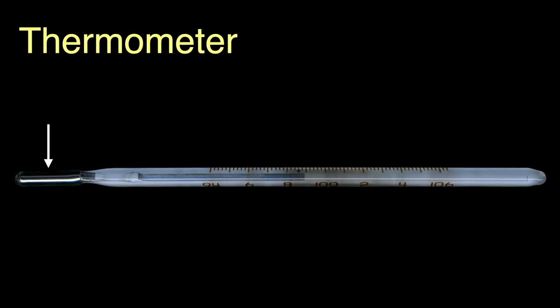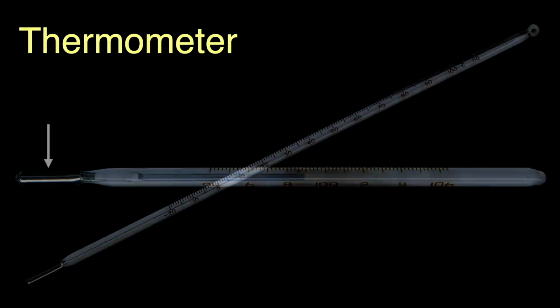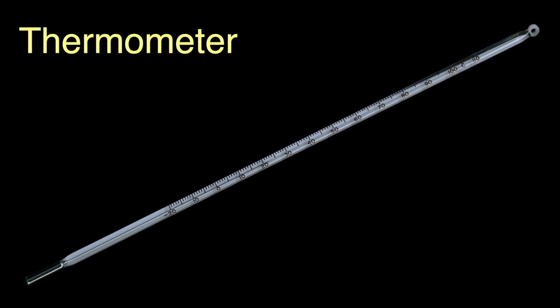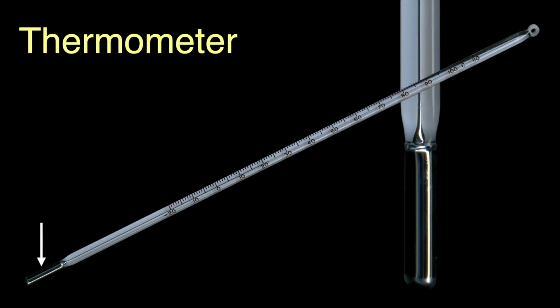The higher the temperature, the higher the mercury is seen in the tube. Here you see the thin capillary tube magnified by the shape of the enclosing glass, indicating a temperature of almost 99 degrees Fahrenheit. Here's a much more typical lab thermometer. It also has a rather large bulb of mercury.